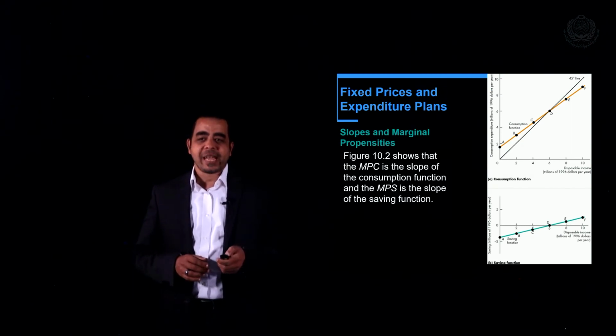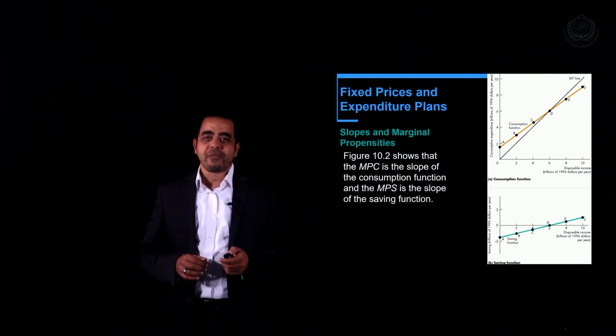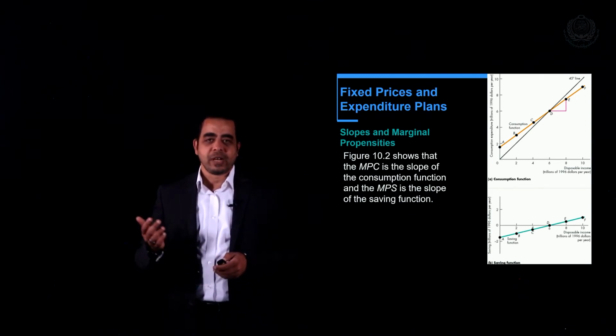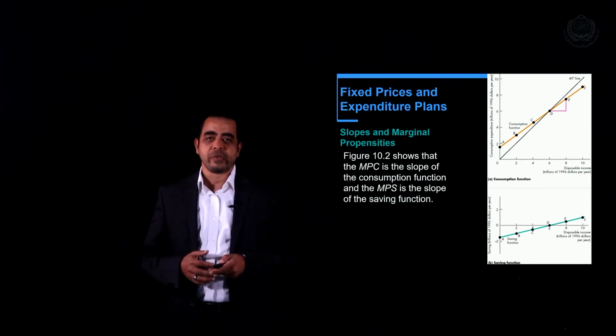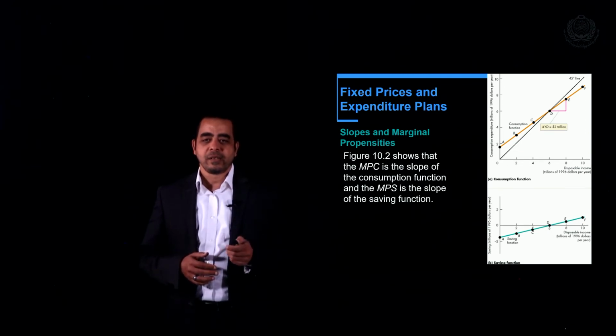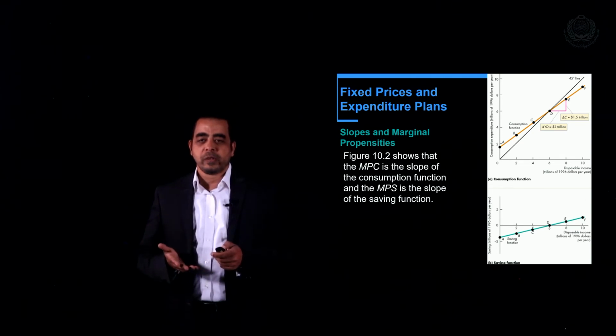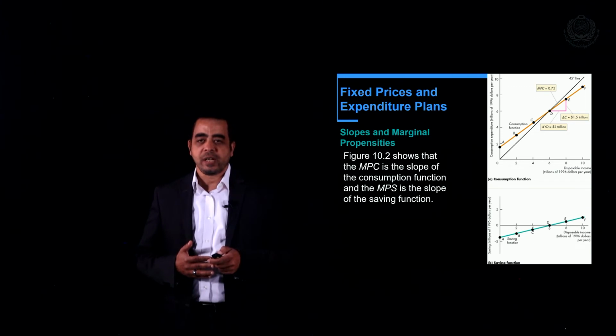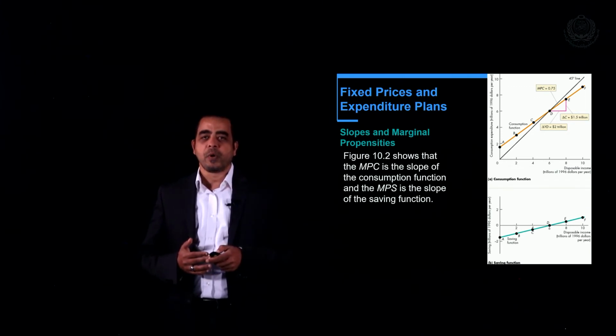Now, how can we calculate the MPC graphically? Simply by taking the difference between two points, the rise over the run, on the consumption function. As we can see here, the MPC will equal delta C over delta YD, which generates 0.75.